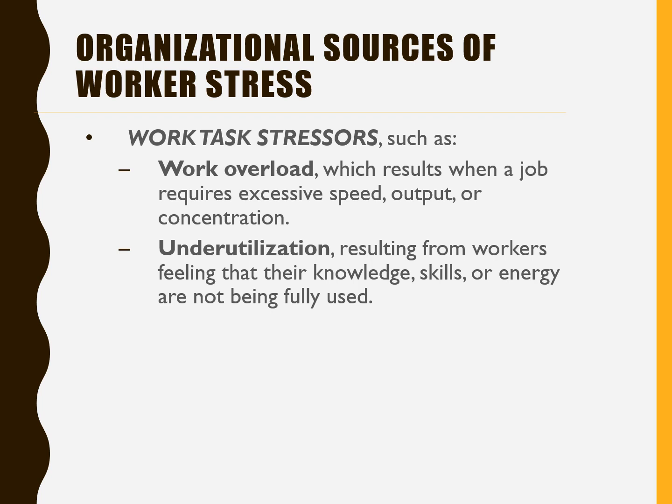Work overload can cause stress, but having too little to do, underutilization, also can be stressful. Underutilization may also occur when workers feel that the job doesn't use their work-related knowledge, skills, or abilities, or when jobs are boring or monotonous.